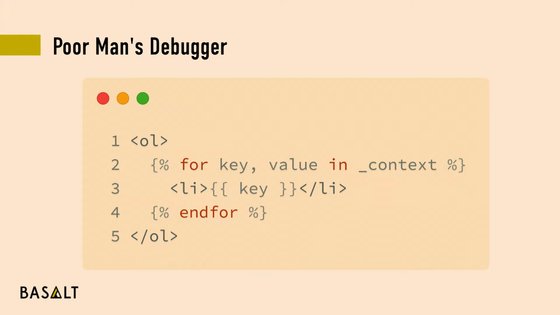Finding information out. So, poor man's debugger. I've probably used this more often than I'd like to admit, but it works out pretty good. The underscore context is just every global variable that is available to that current Twig template. If you were curious about what was in the paragraph variable, you could replace underscore context with that.